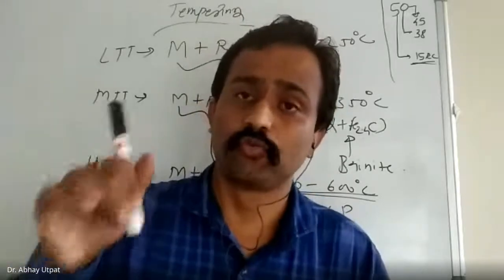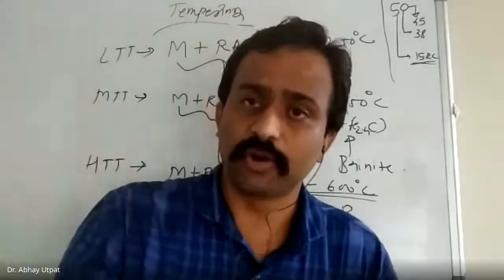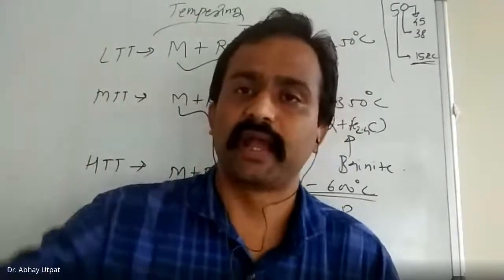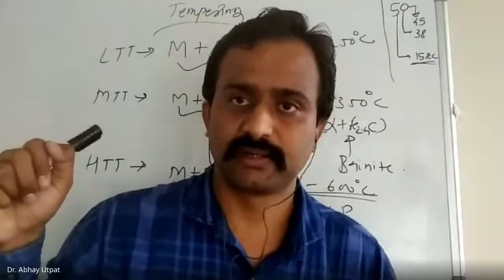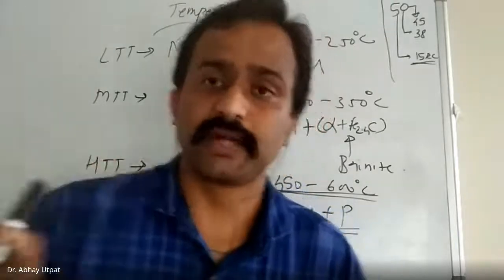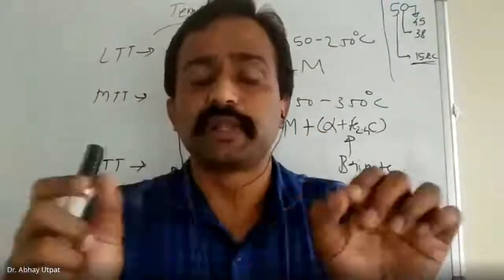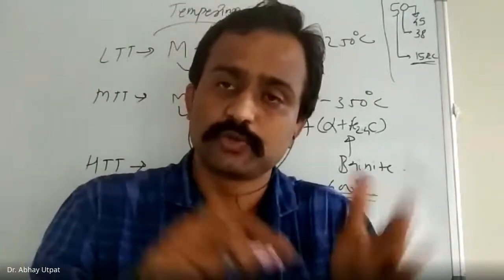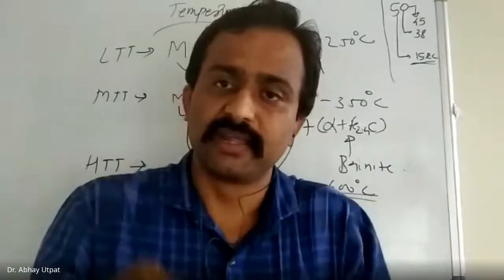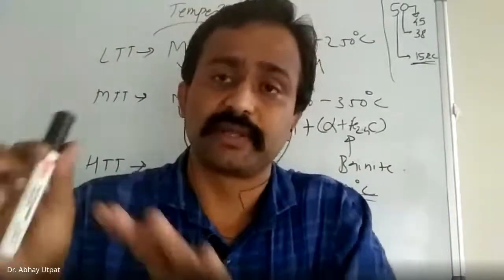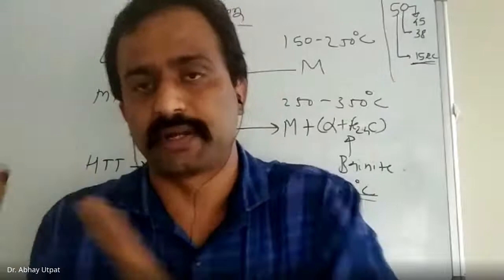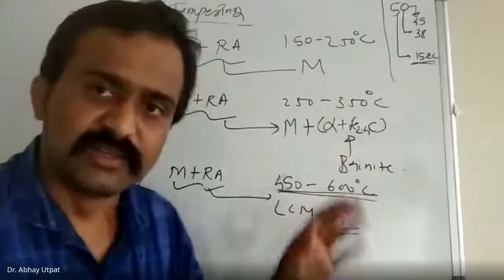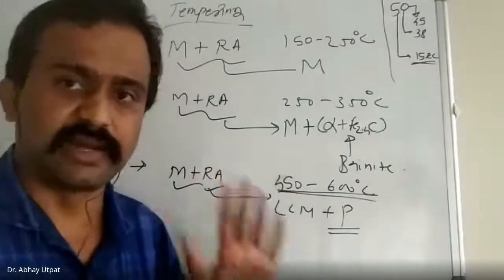When you want a little more hardness, you have to follow hardening and tempering, that is, high temperature tempering. A question may be asked: which process is similar to normalizing? Normalizing gives fine pearlite. Similarly, hardening and high temperature tempering will also give pearlite and low carbon martensite. So a little martensite is present here, and that's why this process gives comparatively better hardness.